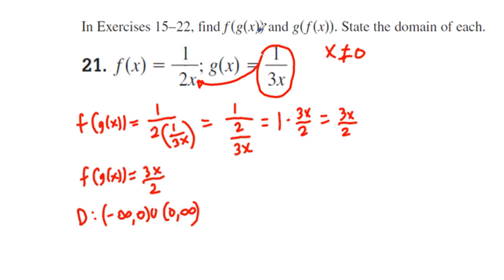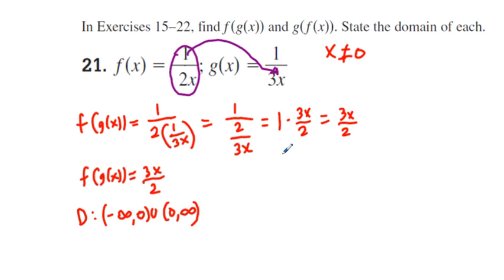And then for this other problem, let me erase this so we can go the other direction. We're going to have 1 over 2x replacing this x here.